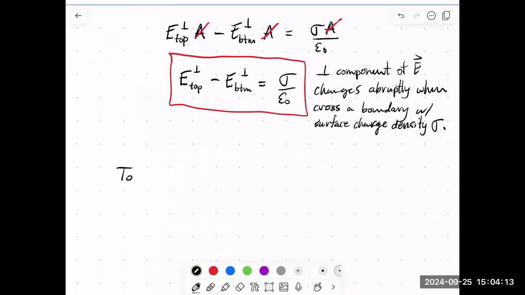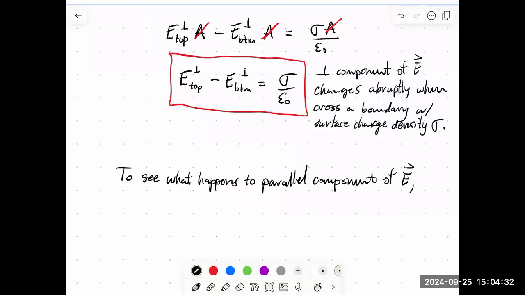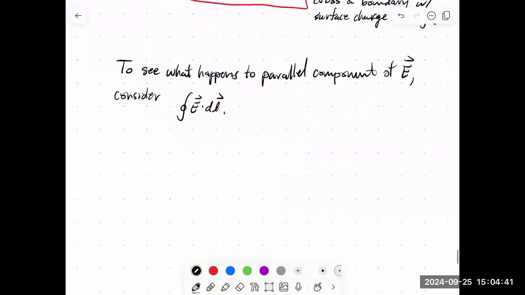So to see what happens to the parallel component of E, we'll consider E dot dl around a closed loop.